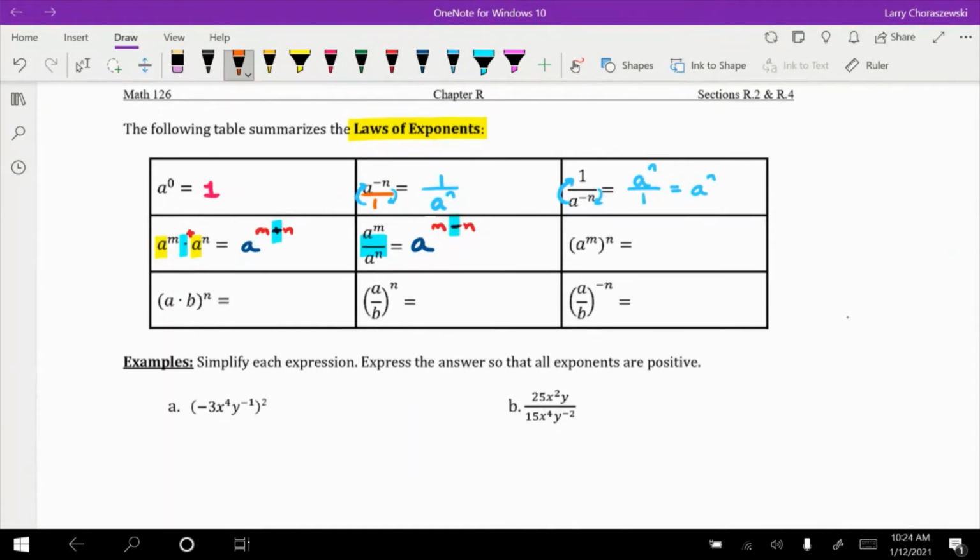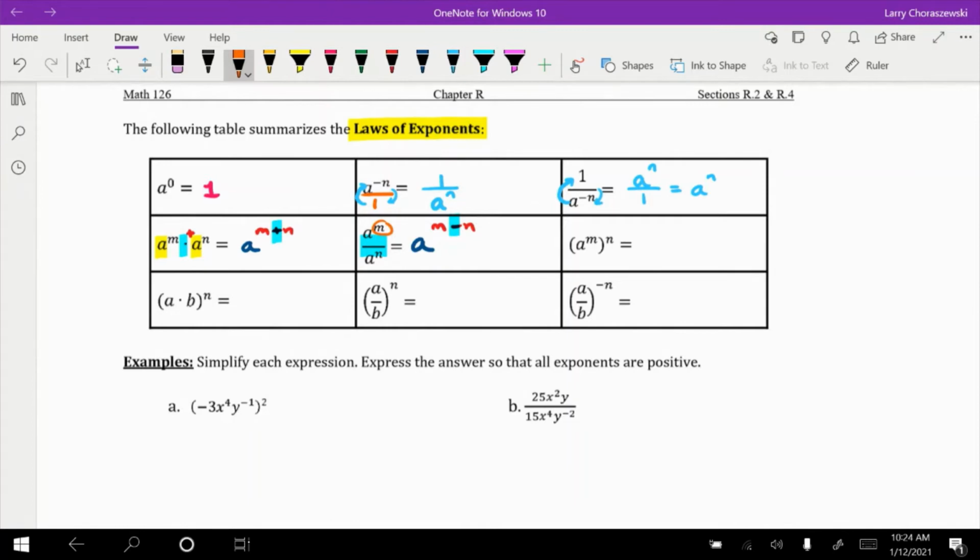Now, do note that the first exponent being used is the one from the numerator. Okay, and it's important to remember that because the order in which you subtract does matter. Okay, 3 minus 2 is not the same number as 2 minus 3.